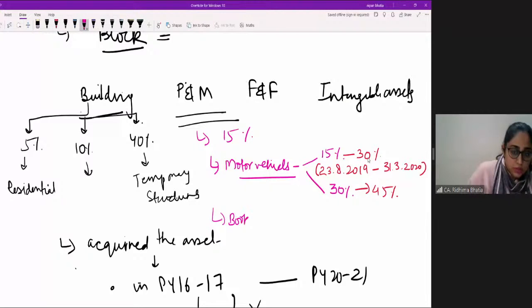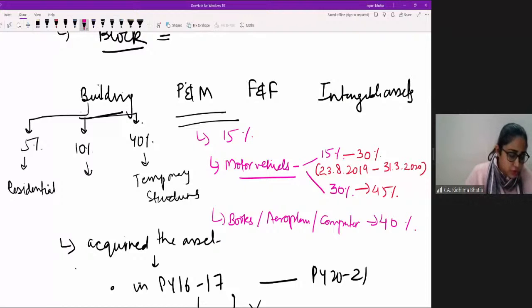Now books, aeroplanes, ships, computers, ships I'll come later, 40%. All of these, 40%. Your life-saving equipments, 40%.